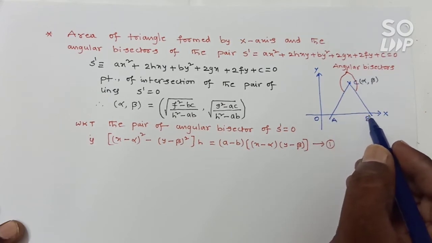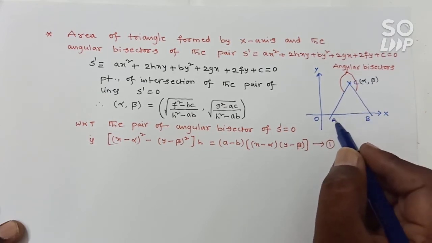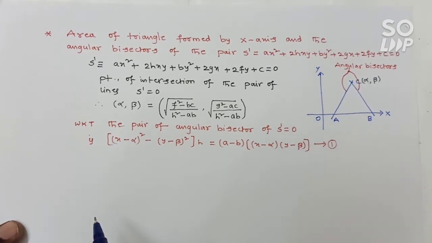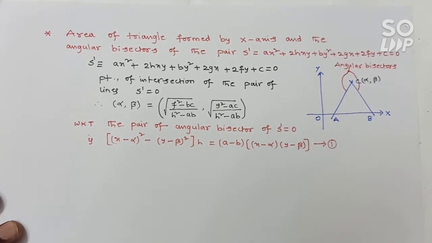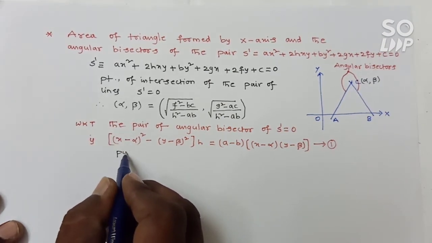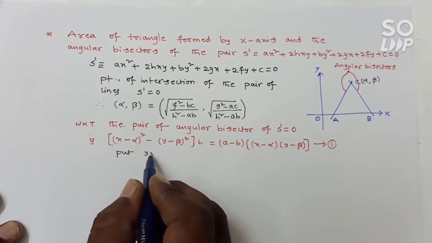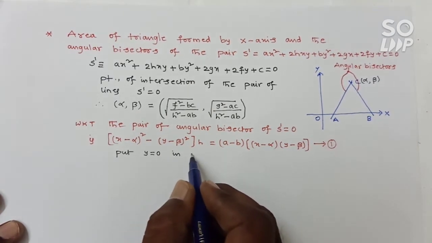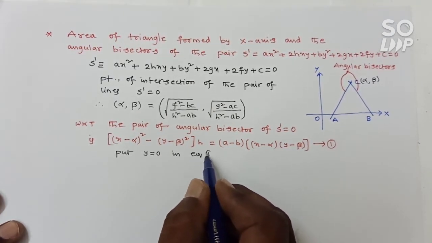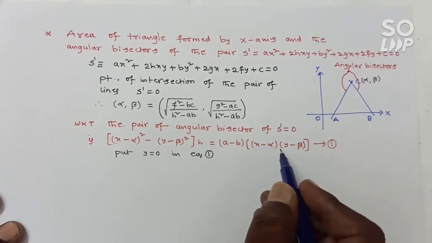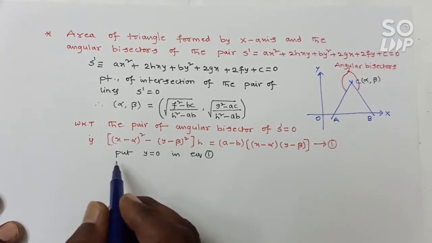That means these two lines intersect the x-axis at two points. When any line intersects the x-axis, y = 0. So here put y = 0 in equation 1, the pair of angular bisectors.